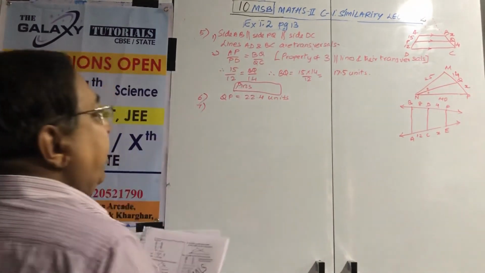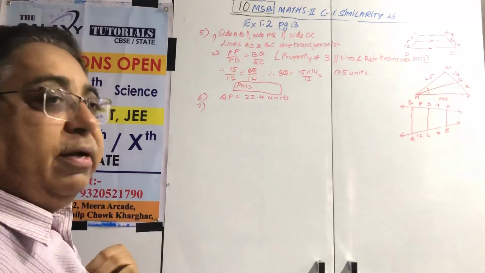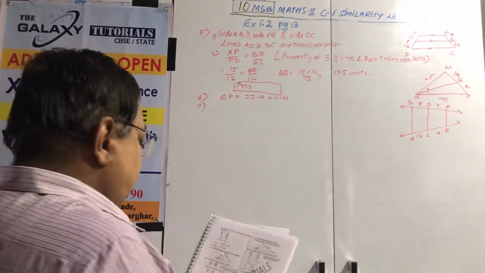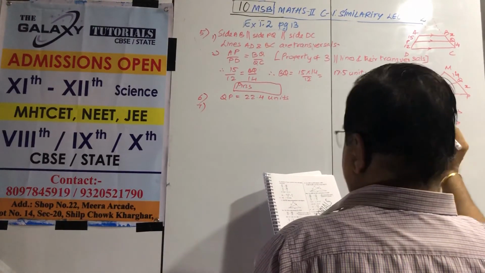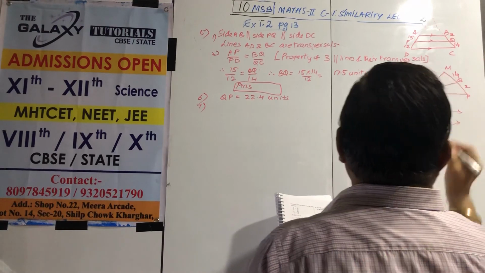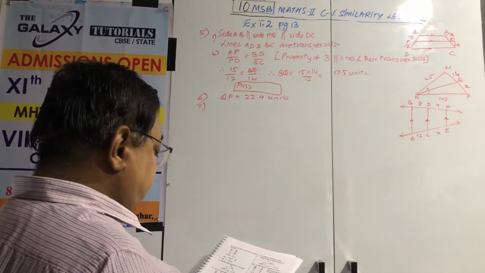Just like sum number 5, now the diagram will become inverted, nothing else. In the figure, AB is parallel to CD is parallel to EF, and find X and find AE.